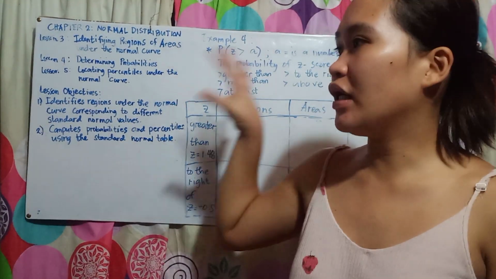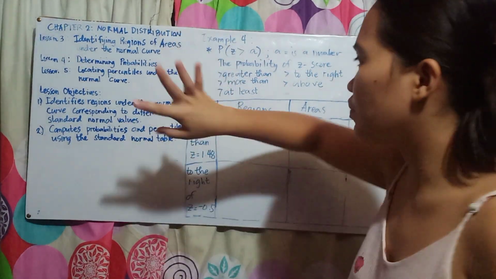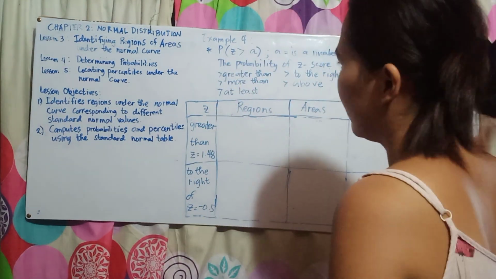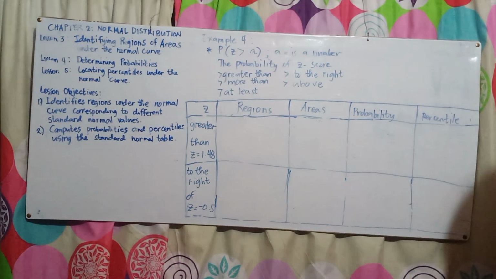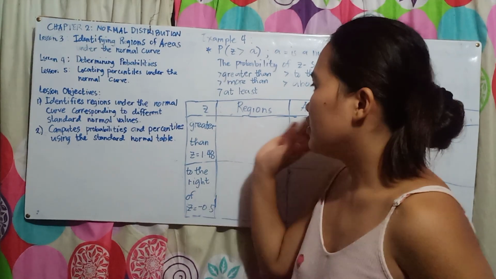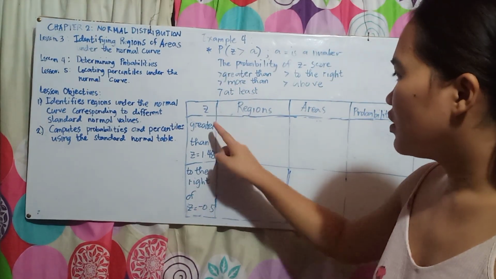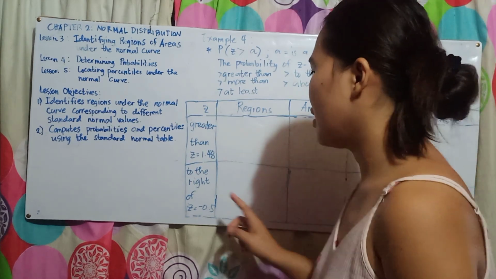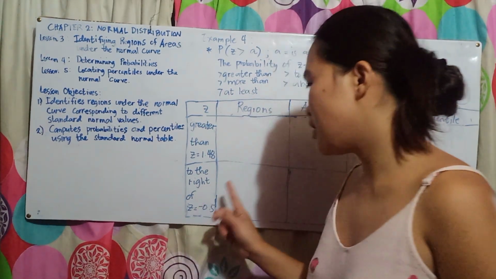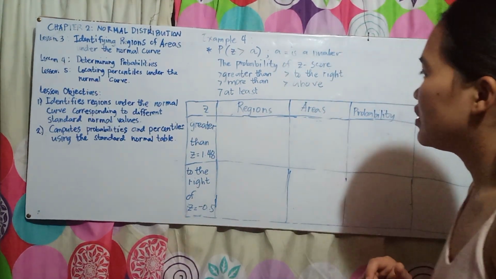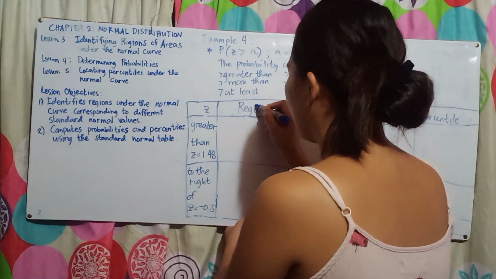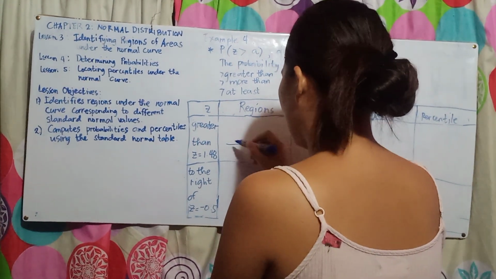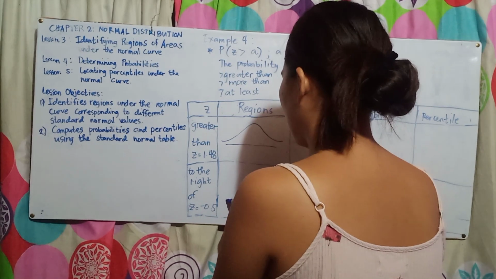This means the shaded portion of the curve goes toward the right. The given z-score is greater than z equals 1.48, and to the right of z equals negative 0.5. So, first, let's illustrate the region.